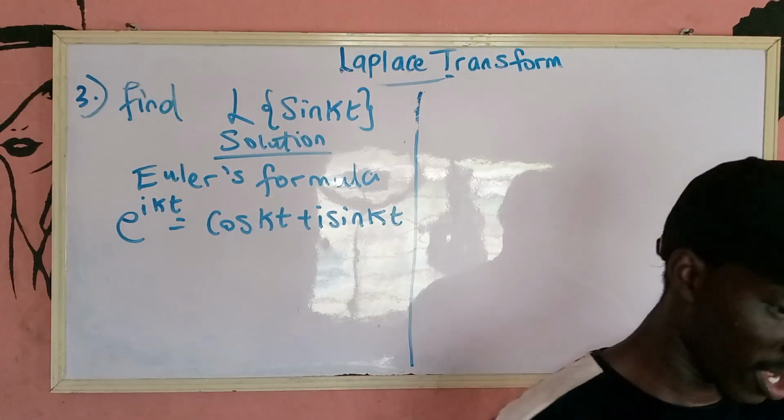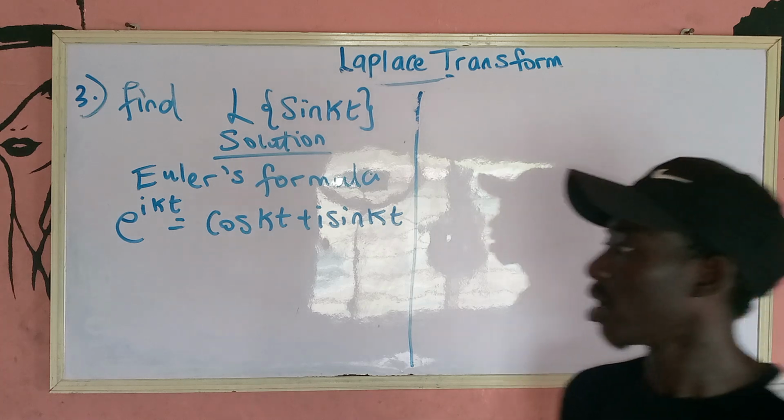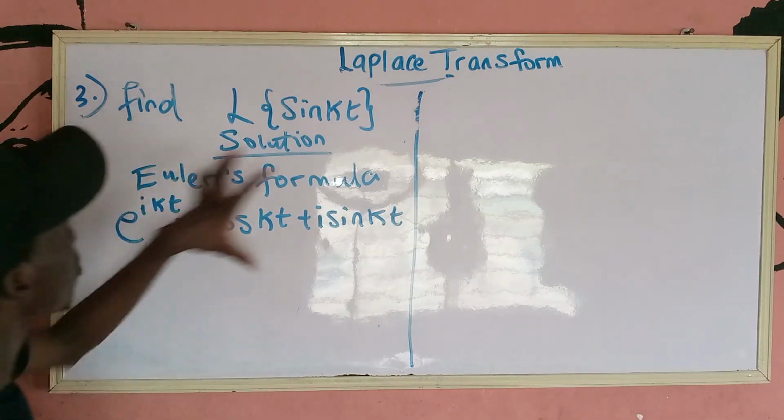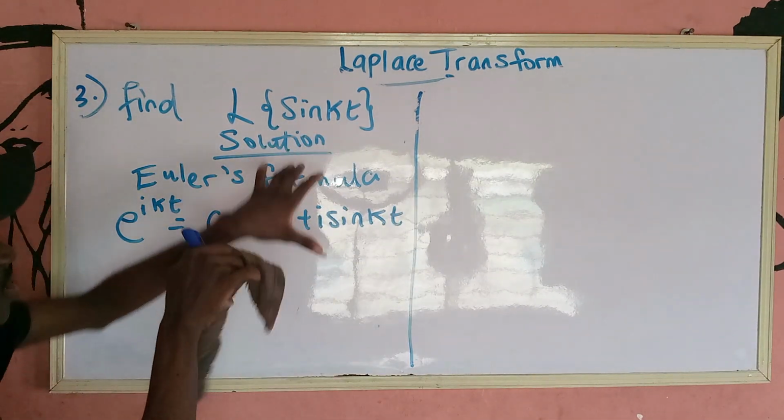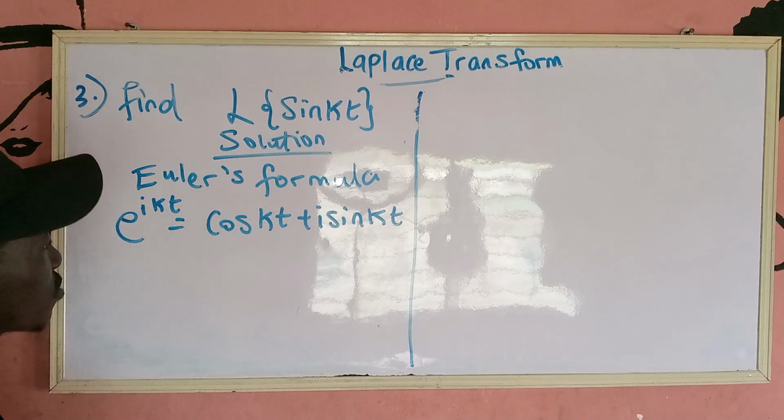That is Euler's formula on cosine and sine. So it brings cosine and sine together. We can use this form to change this sine kt here to something in another way. And how do we do that?